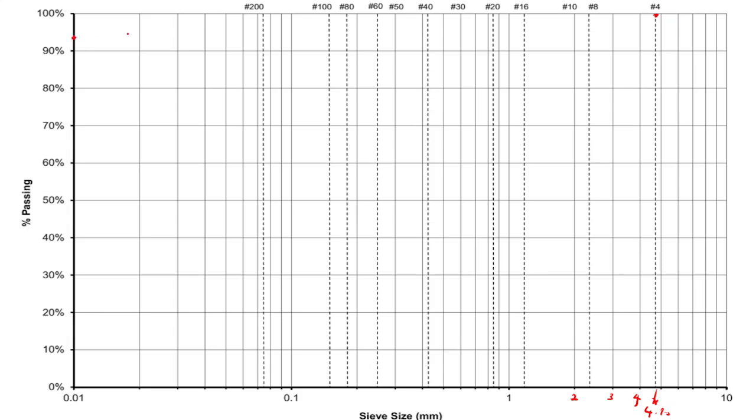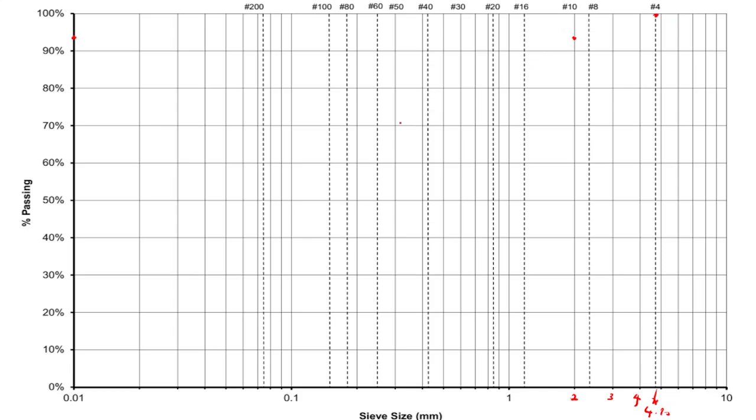So you trace it down using your ruler, and so it is with sieve opening 2. So 93.8 on 2. I don't have a ruler here.